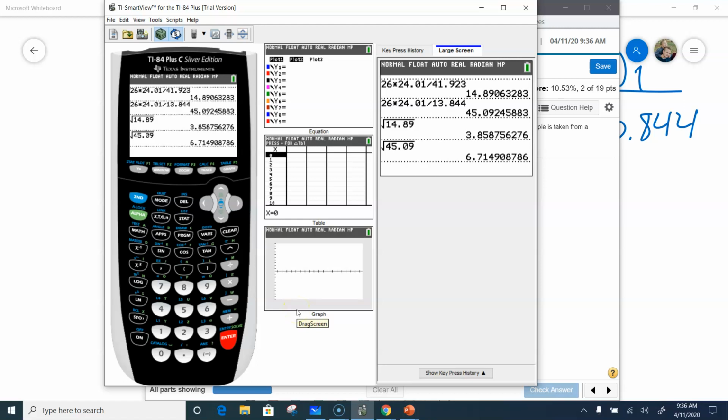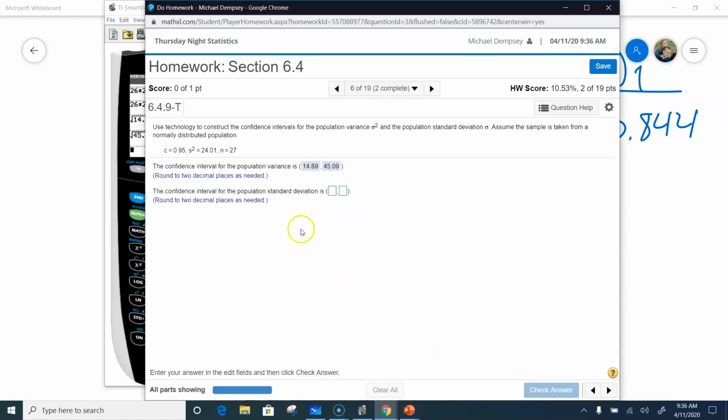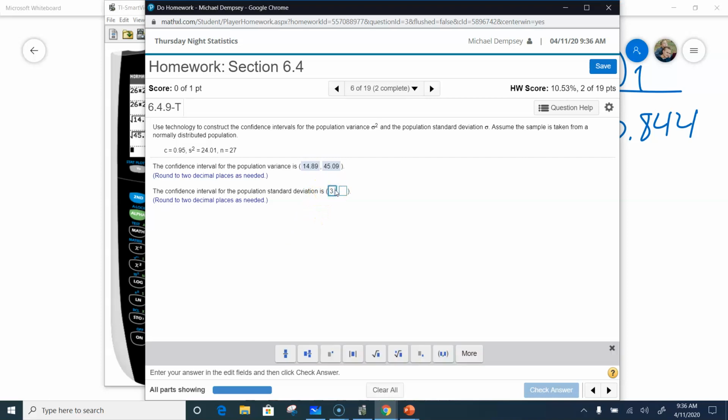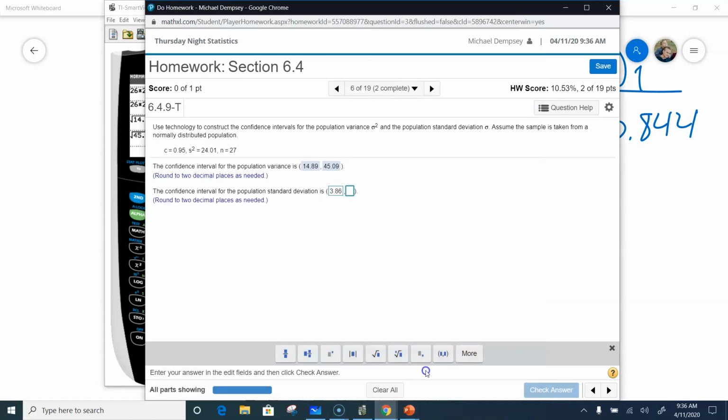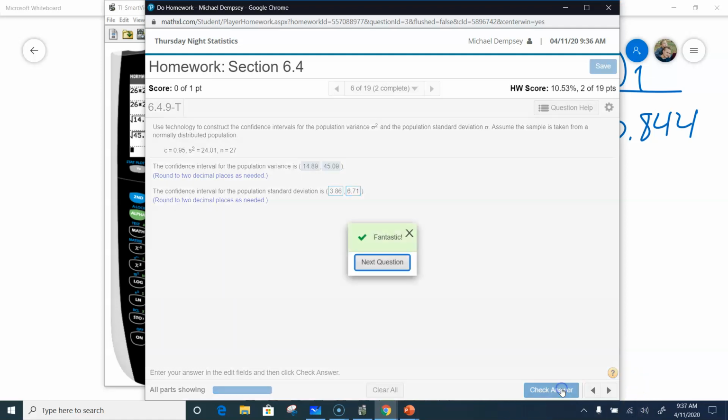Alright, so I get 3.86. And then 2 decimal places on my other guy, 6.71.